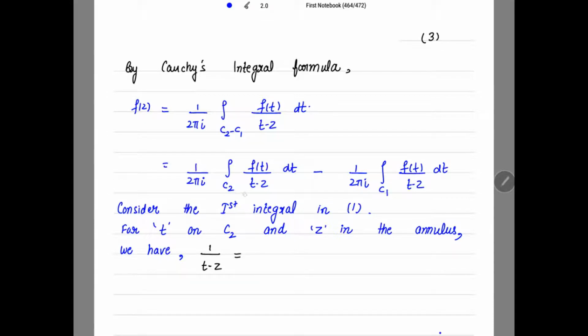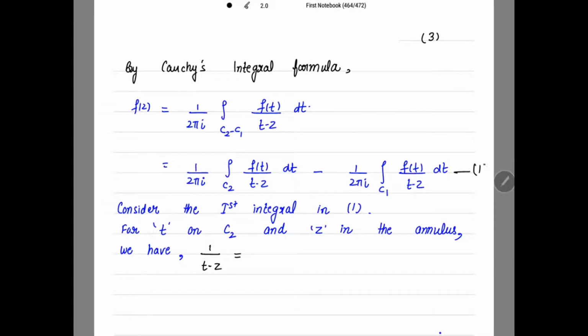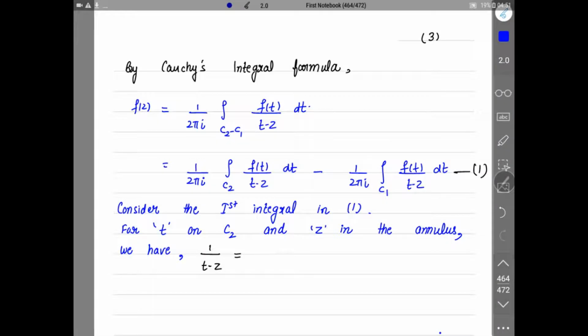For the first integral, t is the point on C2, and for the second integral, t denotes the point on C1, right? Clear? Okay. Now consider the first integral in 1. Take this as your 1.